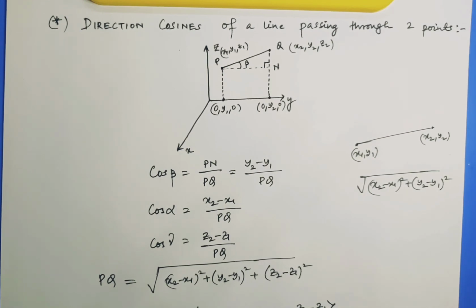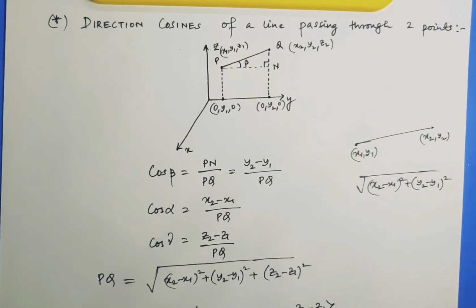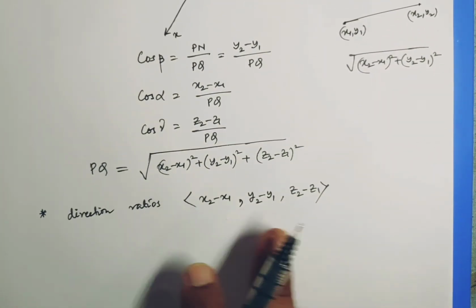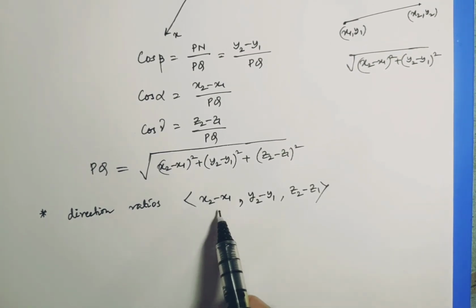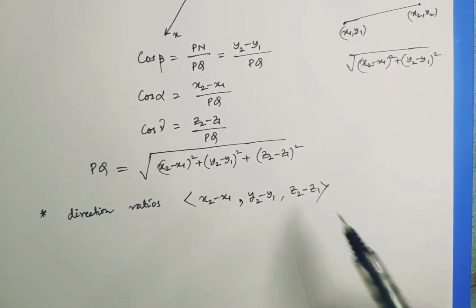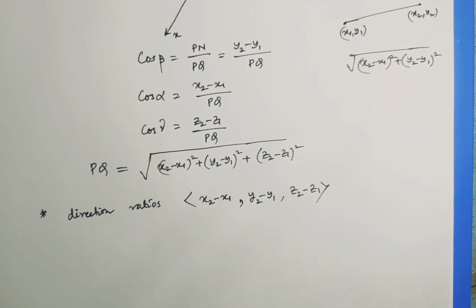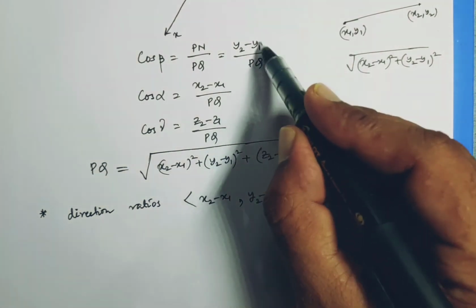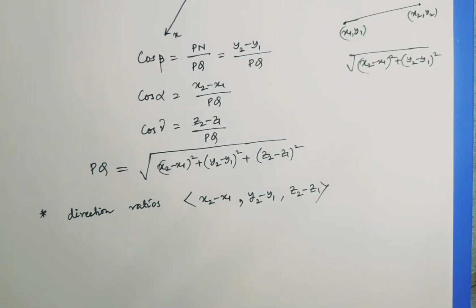These will be the direction ratios of the line. Am I clear? The direction ratios of the line will be x2 minus x1, y2 minus y1 and z2 minus z1. Understood? So these values are the direction ratios of the line joining the 2 points P and Q. Okay? So this is it.